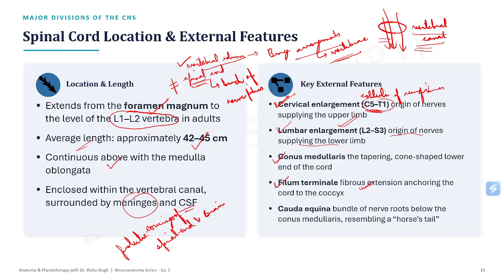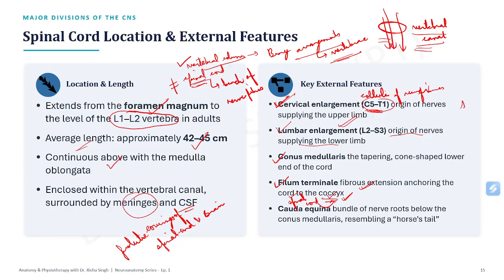It is a fibrous extension anchoring the spinal cord to the coccyx. Now you have to have a connection of the spinal cord to some bone of your pelvis. The bone located in the posterior part of your pelvis is the coccyx. This spinal cord is connected to the coccyx using filum terminale.